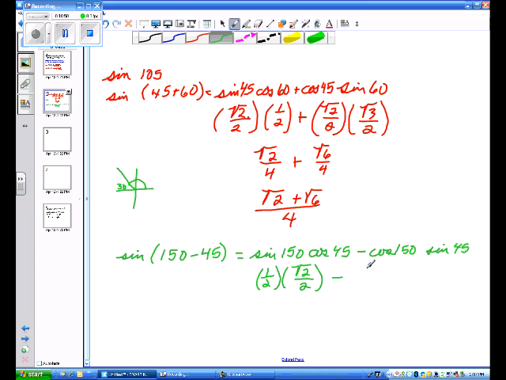The cosine of 30 is the square root of 3 over 2, but we were in the second quadrant, so that's negative. And the sine of 45, square root of 2 over 2. So you can see we get the square root of 2 over 4, and a negative times a negative times a positive is a positive, square root of 6 over 4.